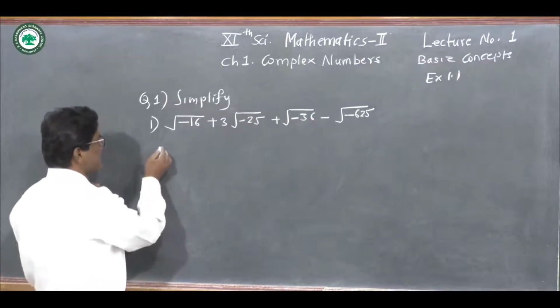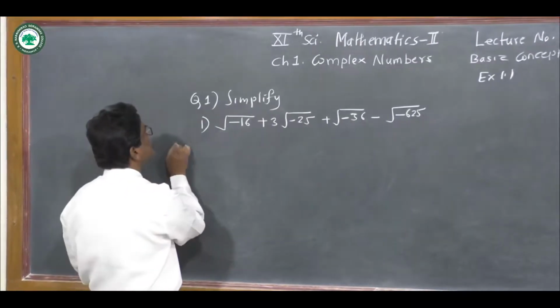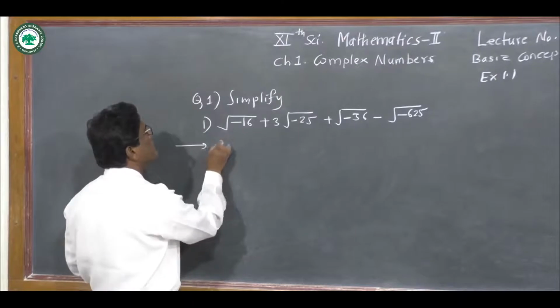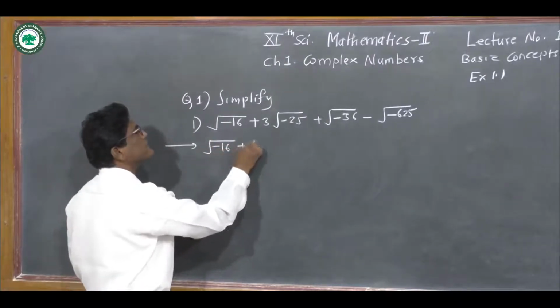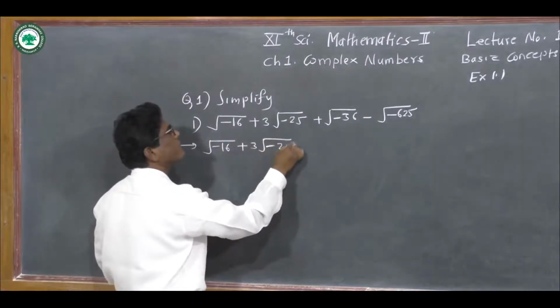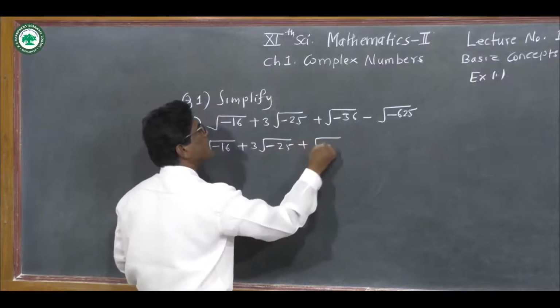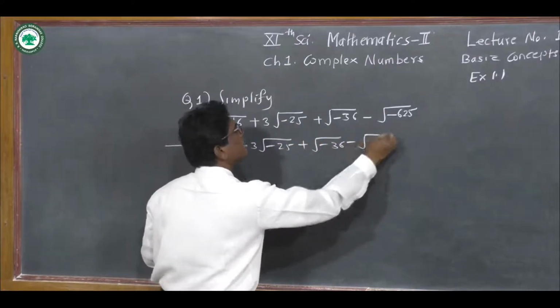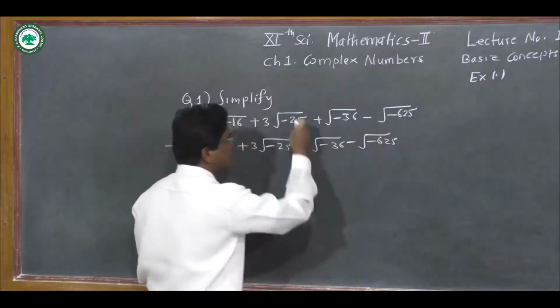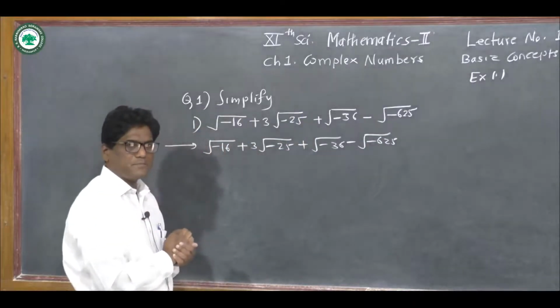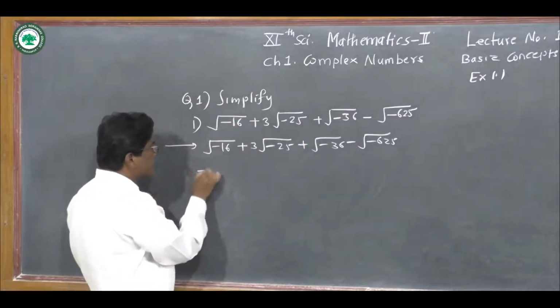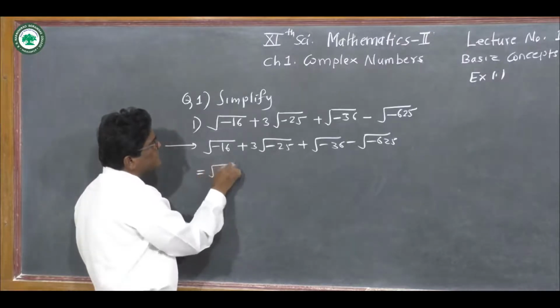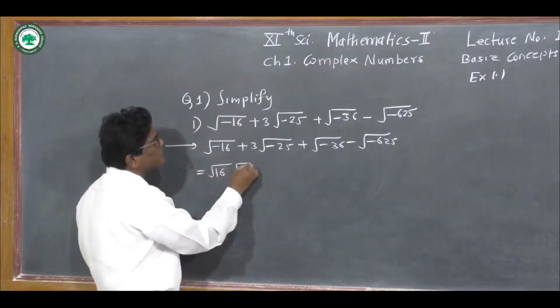So we express the solution of this: root of minus 16 plus 3 under root of minus 25 plus root of minus 36 minus root of minus 625. Write the question again in the answer. First step: this is equal to root of 16 as it is into root of minus 1.